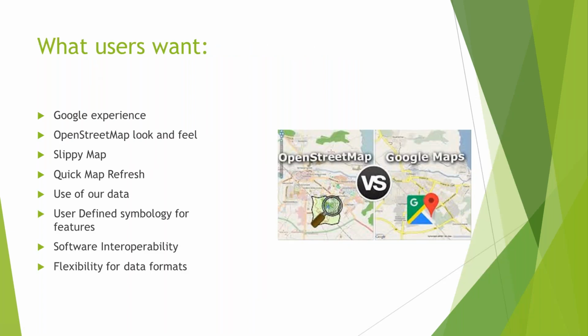So we started here in Transportation Information Division, we really started trying to find out what the users really wanted. What type of an experience did they really want with maps that we were building or trying to build? And obviously, the first thing that always came up was the fact that they all wanted the Google experience. They all wanted that look and feel.